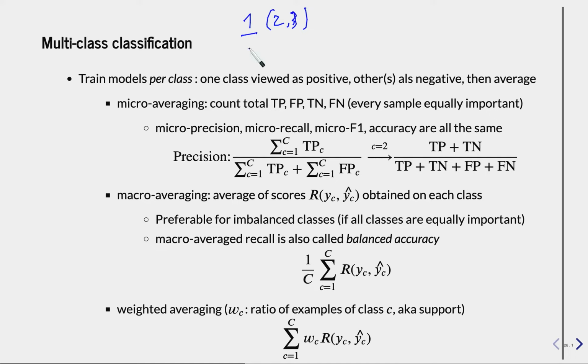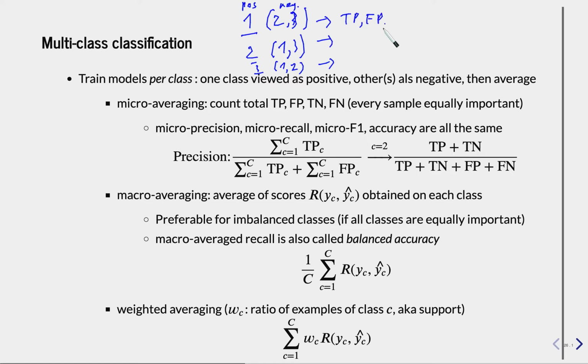Then we say class 2 is our positive, and 1 and 3 are our negative, and then finally 3 is positive, and 1 and 2 are negative. So we end up with 3 different models.